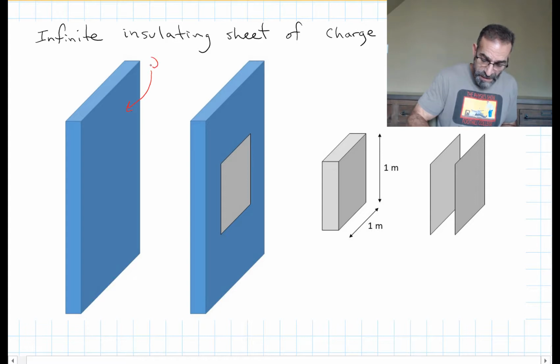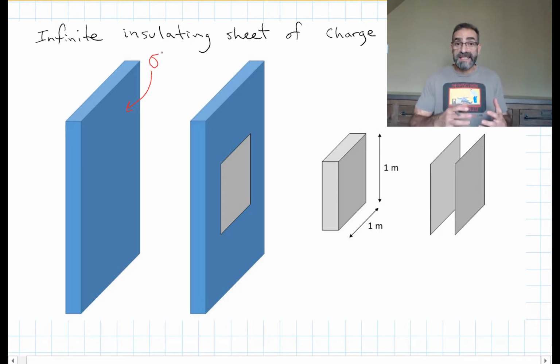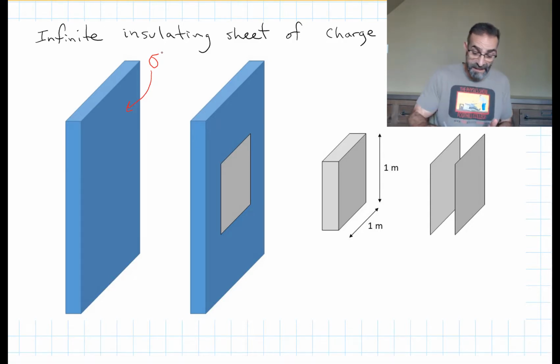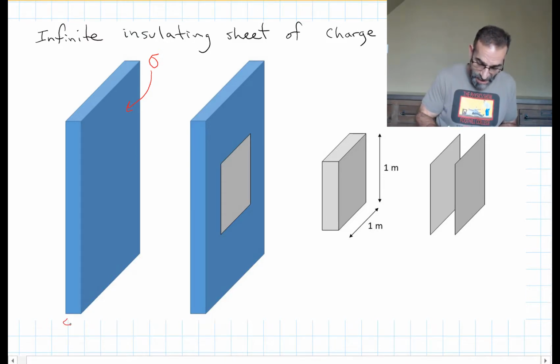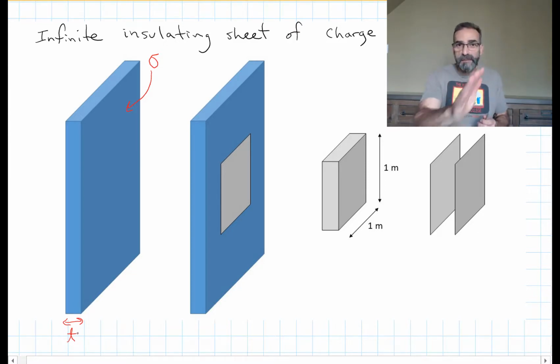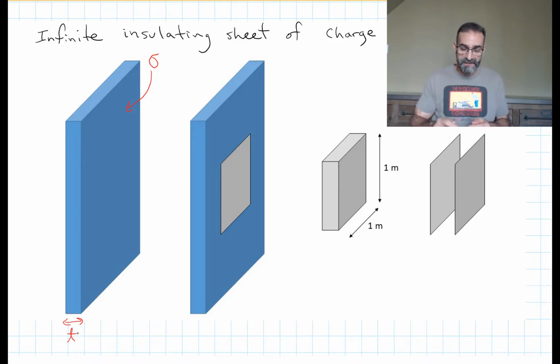If we put some charge on one side of that sheet, we'll have a certain charge density. Now remember, we could try as hard as we can to make this really thin, but this sheet is always going to have some thickness to it. We can't make it one molecule thin.